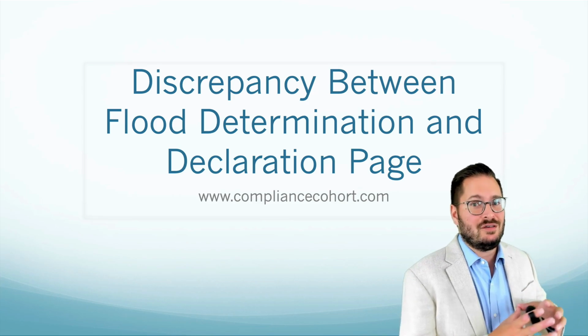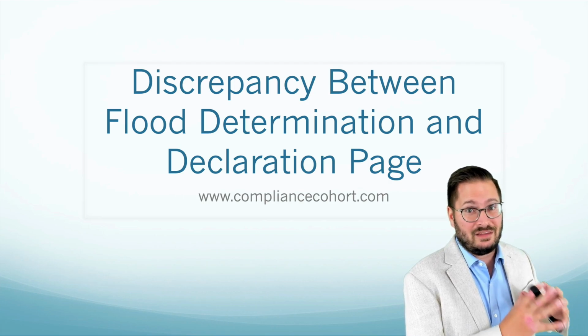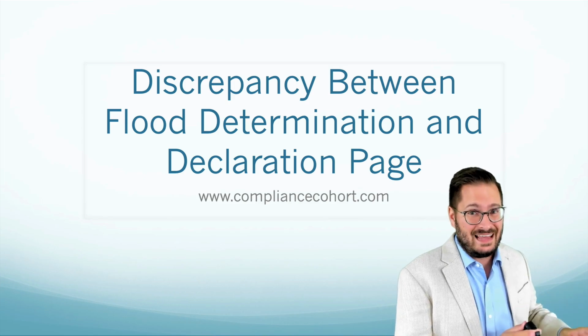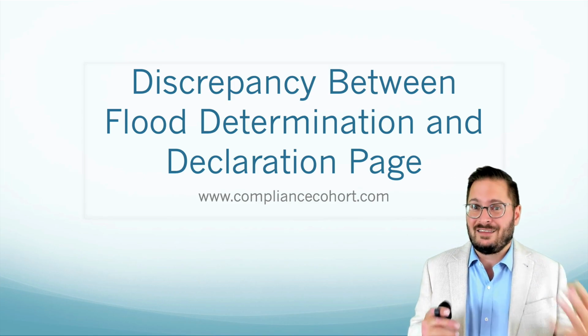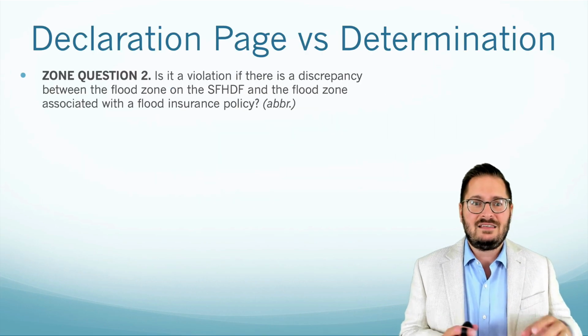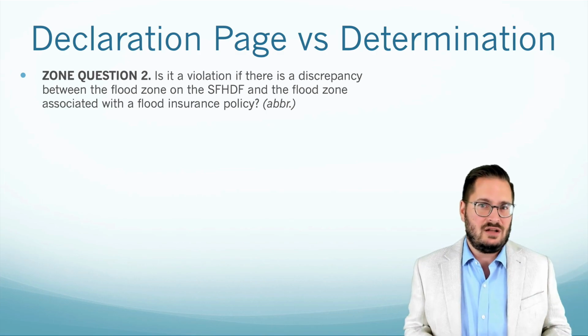But I want to show you that the May 2022 questions and answers on flood insurance that were released by the interagencies tell us something a little bit different than what we've known for some time. So let's look at a couple of questions, under the zone topic, zone question number 2.